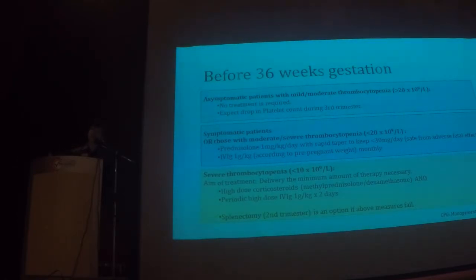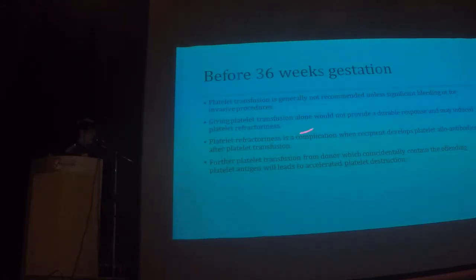Also sometimes towards term the patients can have antepartum hemorrhage, not necessarily related to the ITP, and it also tells me the so-called response to steroids. So these are the guidelines, but sometimes when we see the trend coming down quite rapidly, we do things a little differently from what the guidelines say.